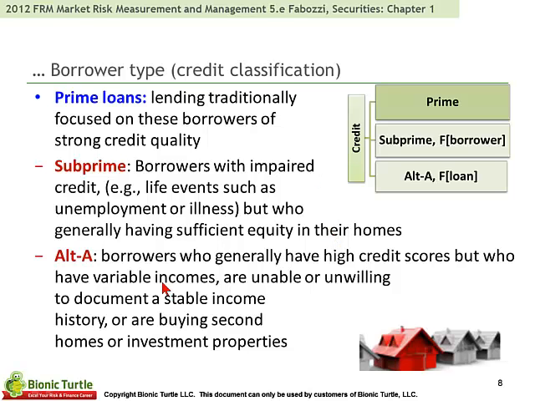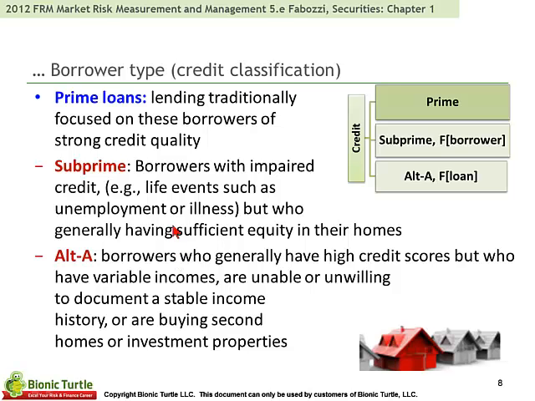And then borrower type or credit classification. So the prime loans have been the traditional loans that focused on borrowers with the strongest credit quality. And then below those, so to speak, we have subprime and Alt-A. These definitions appear in Topic 6 Credit Risk on the securitization case study.